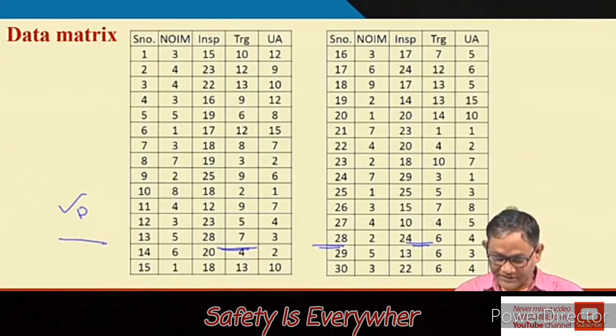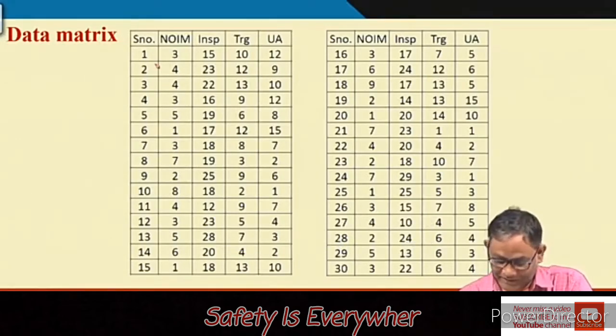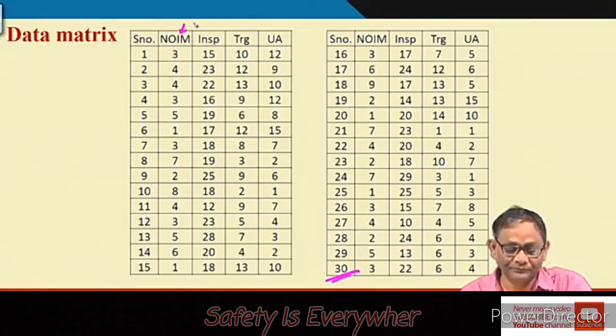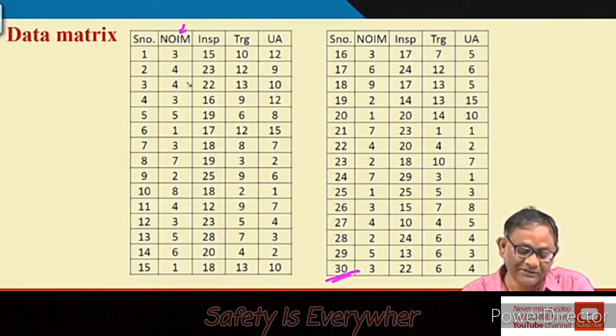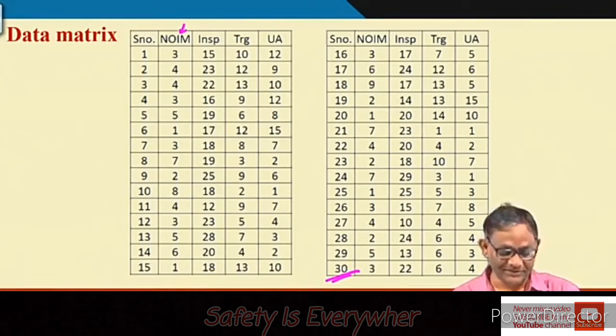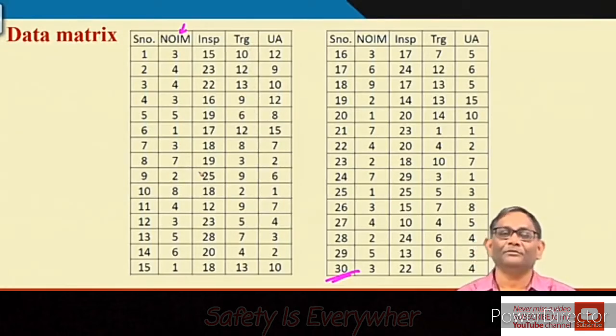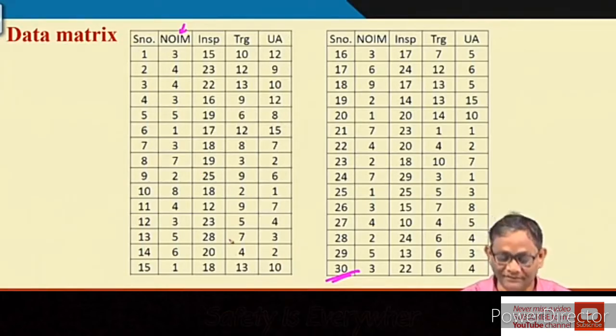Then let us assume this data. Suppose we have collected 30 data points, and then number of incidents per month, then inspection, it may be number of inspections, training may be percentage of people trained or number of people trained, and unsafe acts, number of unsafe acts identified.